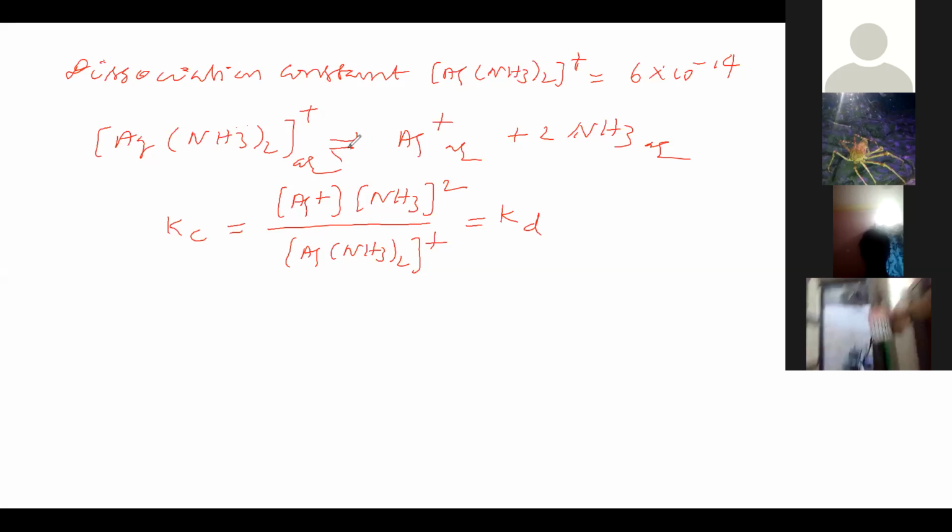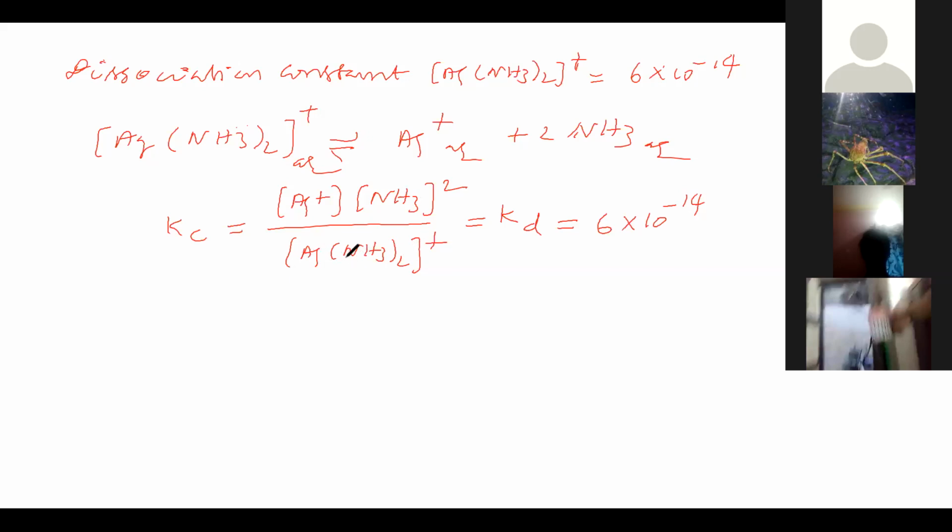Now the dissociation constant is given as 6 into 10 to the power of minus 14. This means this concentration is greater than that of this. This equilibrium constant says that this concentration is roughly 10 power 14 times greater than that of this.